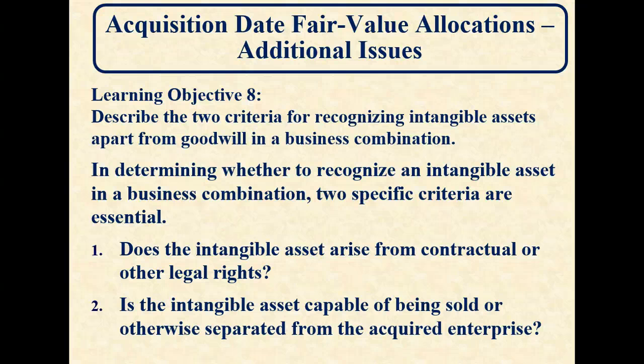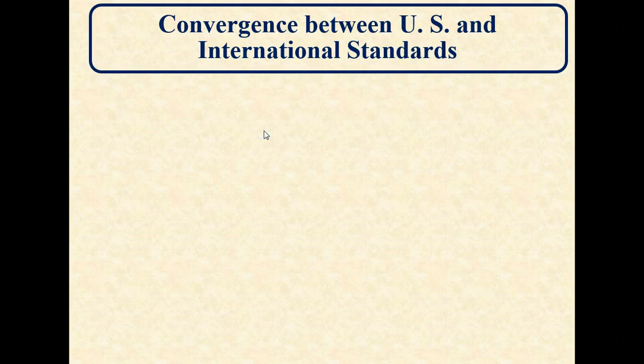So if on the books of the company we're buying, there is an intangible asset sitting there, we need to determine, do we need to keep that on the books? The two guidelines for keeping that on the books are: the intangible asset arises from other legal rights, or it can be sold on its own.